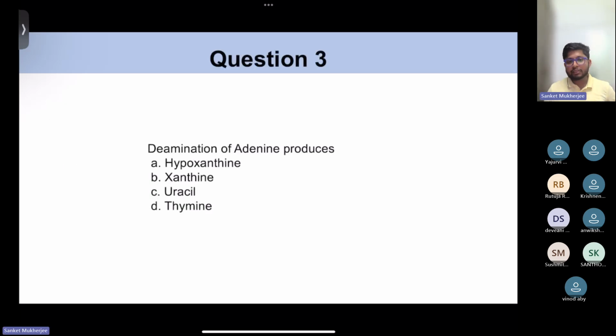Question number 3. Deamination of adenine produces A, hypoxanthine, B, xanthine, C, uracil, D, thymine. You can use the Q&A for answering. Okay, A, hypoxanthine. Yes, that is the correct answer.